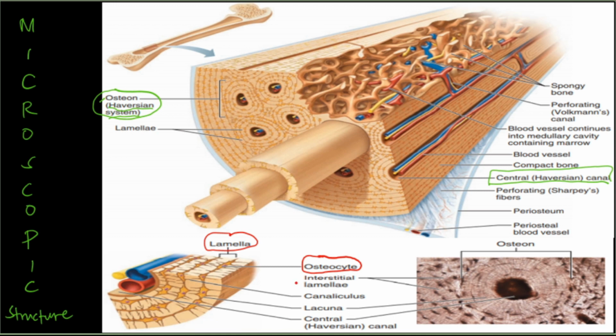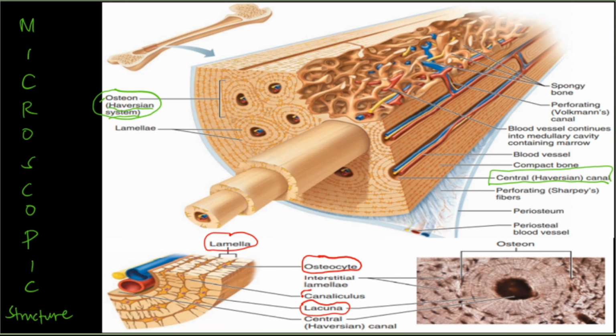Take note also that the osteocytes are trapped within cavities called lacunae. This is the lacuna, which is found in between layers of your lamellae. And the haversian canal, as I mentioned, also contains blood vessels that provide nutrients to the osteocytes via the canaliculus.